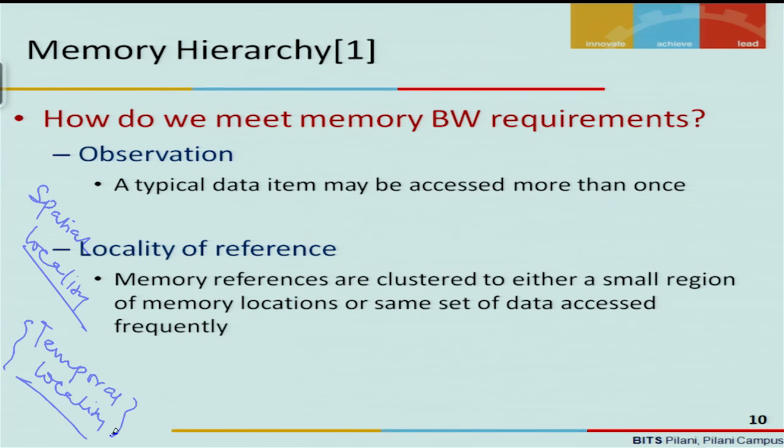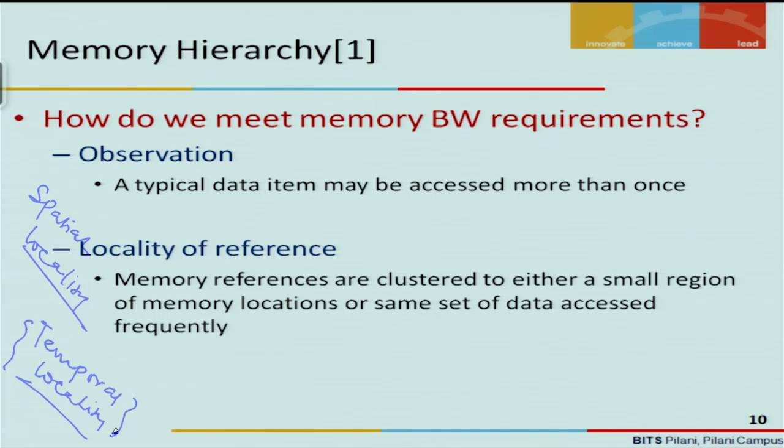If you know that at this particular point of time, for the next few moments, the processor is going to access this data, through the locality of reference we come to know that, and that data we can keep in some high speed memory. We don't have to put the entire program data into the high speed memory. We just keep this small amount of data based on the locality of reference in high speed memory, and we can provide the data to the processor at a higher rate.